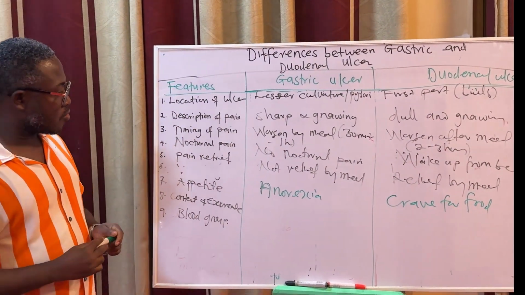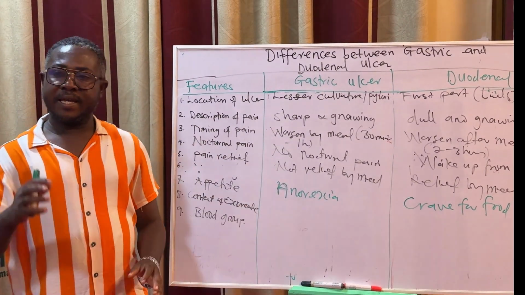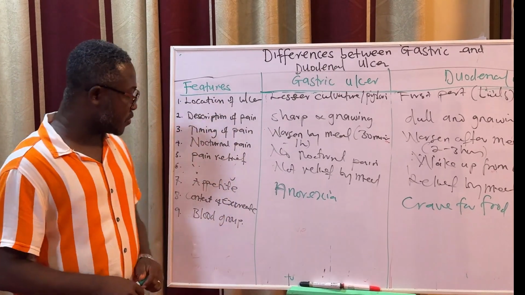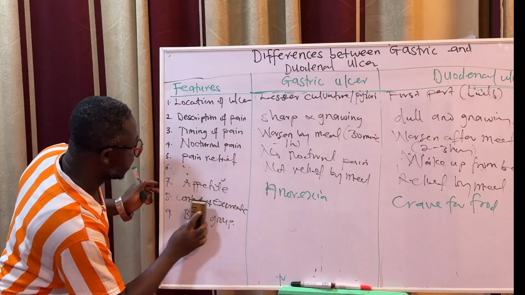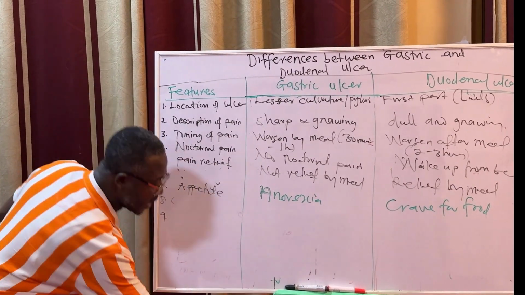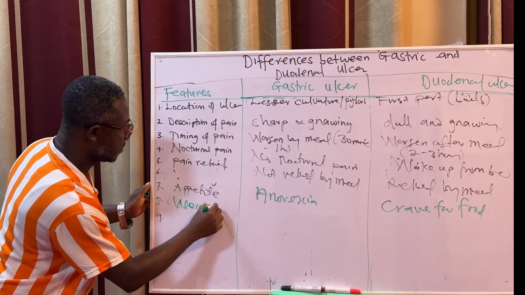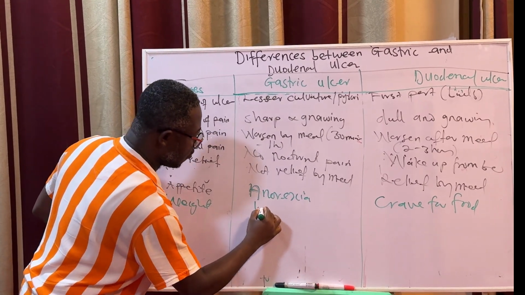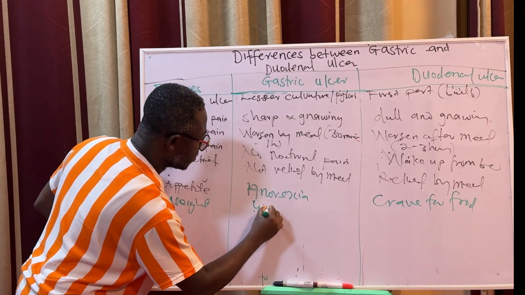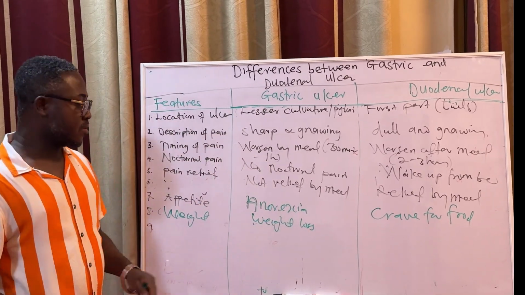Now, when a patient is having anorexia or loss of appetite, it can also affect the weight. And so that means that gastric ulcer patients will always have unexplained weight loss.